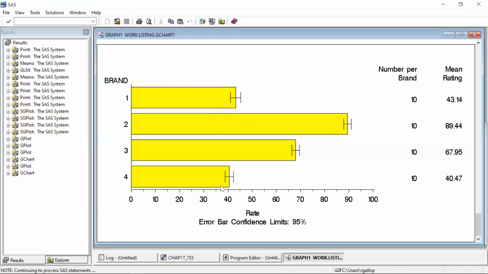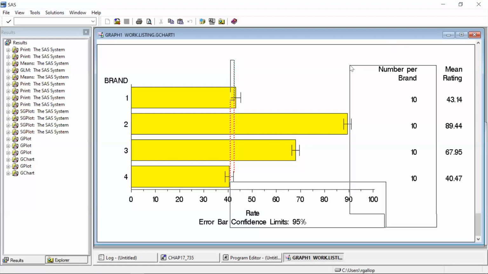Well, I'm looking at brand 1 and brand 4. So if I follow this up, it looks like that upper bound is going to lie within the confidence interval for brand 1. Then similarly, if I use this lower bound, it looks like that lower bound lies within the confidence interval for brand 4.